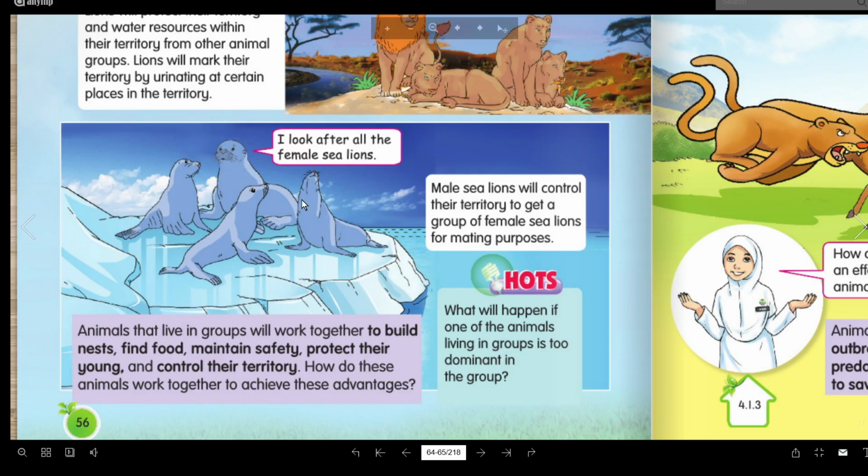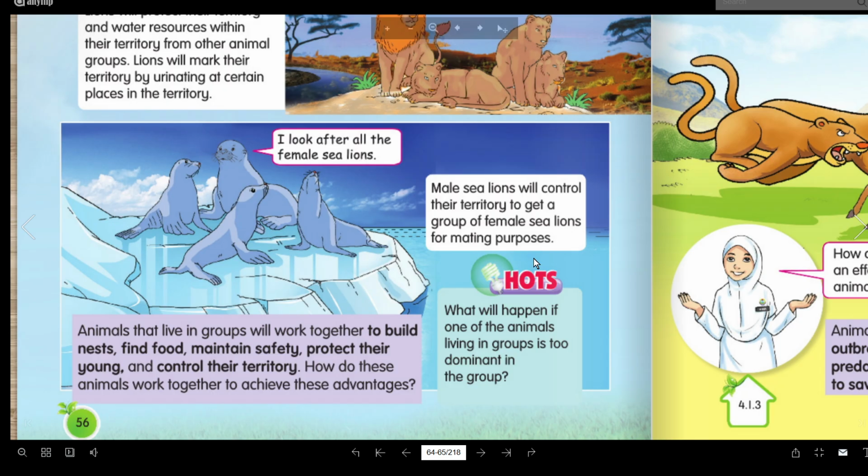So why do some animals live in groups? Tell me. To build nests, mark their territory and protect the young.